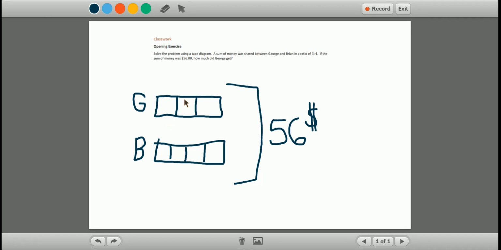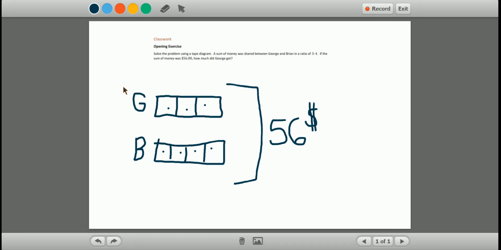Now, if all of these boxes have to equal $56, what am I going to do to figure out how much each box is? I need to split up the 56 into a total of 1, 2, 3, 4, 5, 6, 7 boxes.